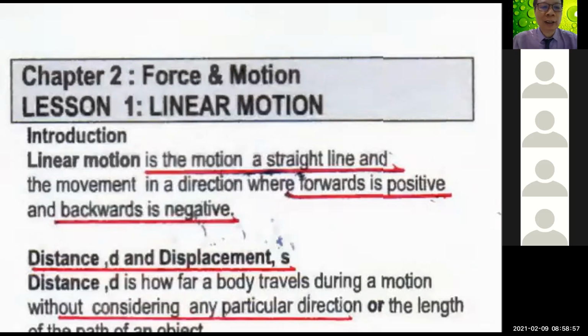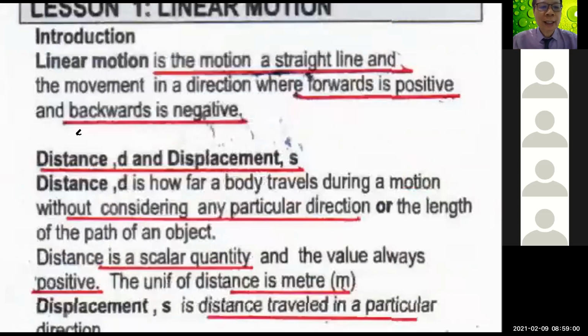This is an important thing. For distance, the standard symbol is small d. For displacement, the symbol is s. So they have different meanings. If you already followed the chapter 1 lesson, I suppose you already understand now. Distance is how far a body travels during a motion without considering the direction.